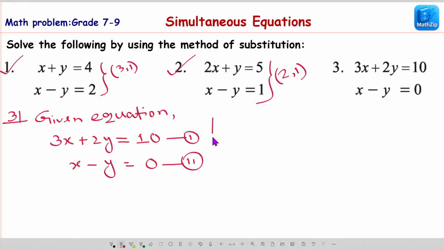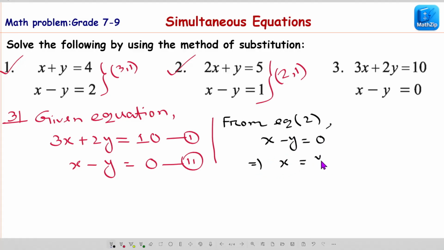Right? Now from equation 2, x minus y equals 0, so x equals y. This is equation 3.